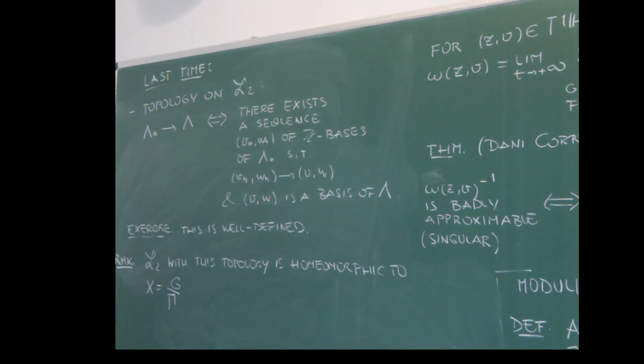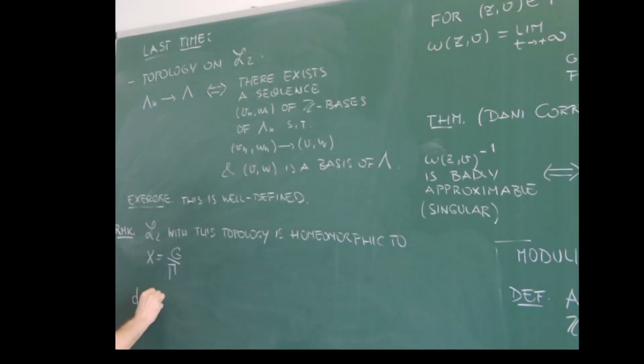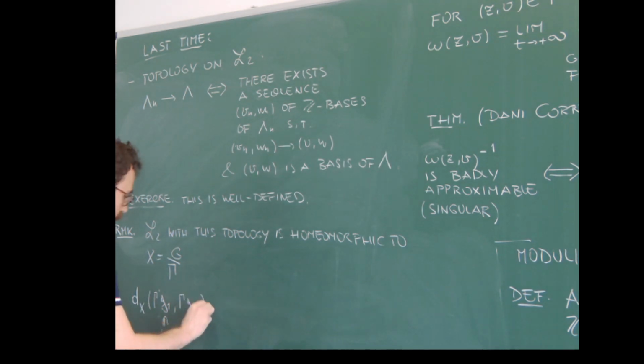And why is this? Well, you just have to remember the distance that we defined on the space X. The distance was dX of gamma G1, gamma G2. Now you're allowed to see these as lattices. G1 is just a matrix, so basis vectors V1, V2, and here you have SL2Z.